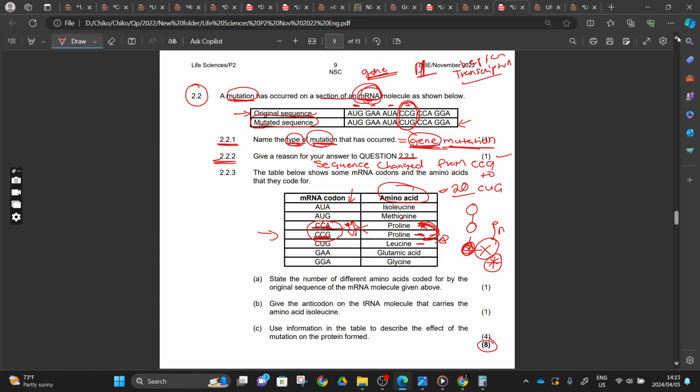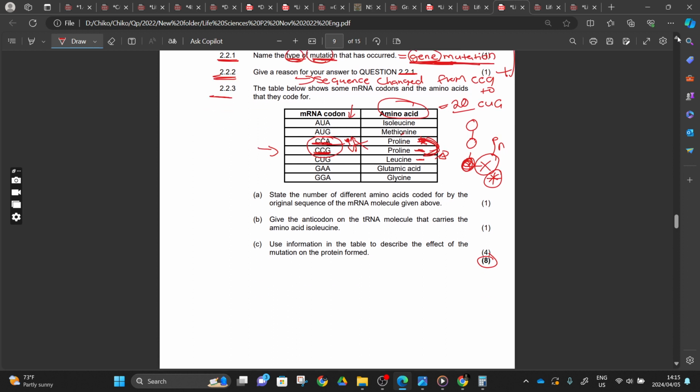With gene mutation, we are dealing with changes in a sequence, or the nitrogenous base. You can say there's a change in a sequence, or the nitrogenous base here in the mRNA changes from this to this, right? 1 mark.